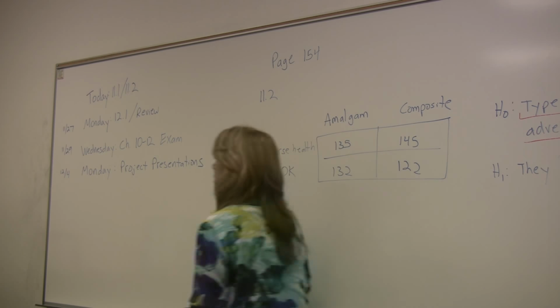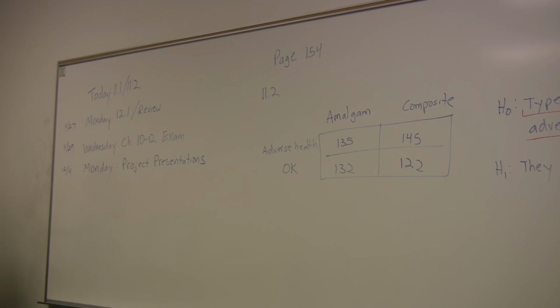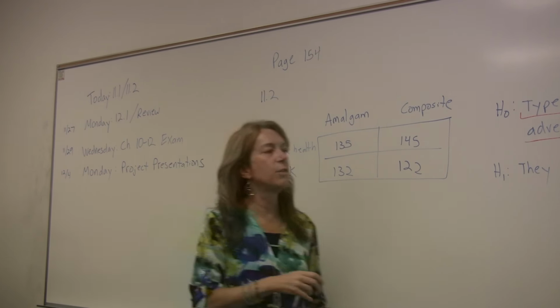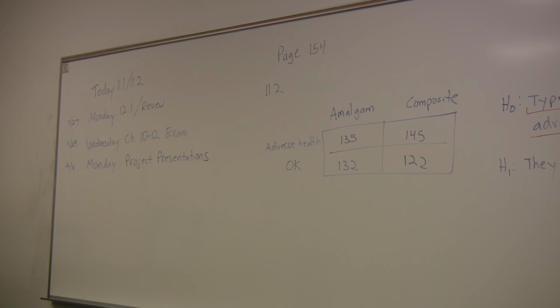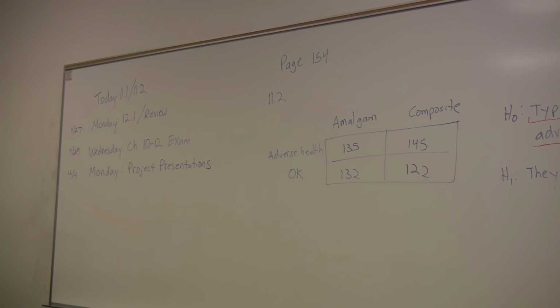Let me turn the lights off and show you how to do this. Since we haven't seen this before, some of you are reading the directions on your notes and working ahead, which is great. Some of us need to see it.